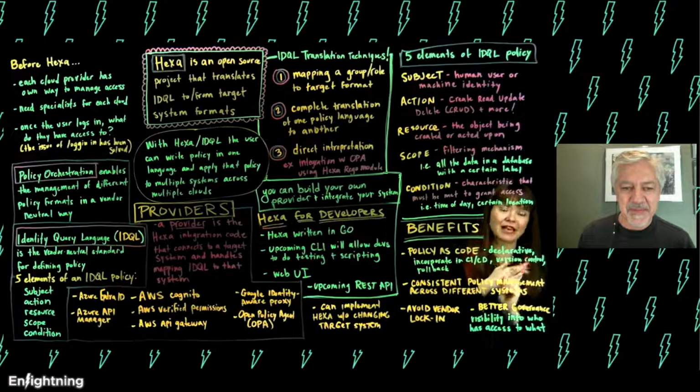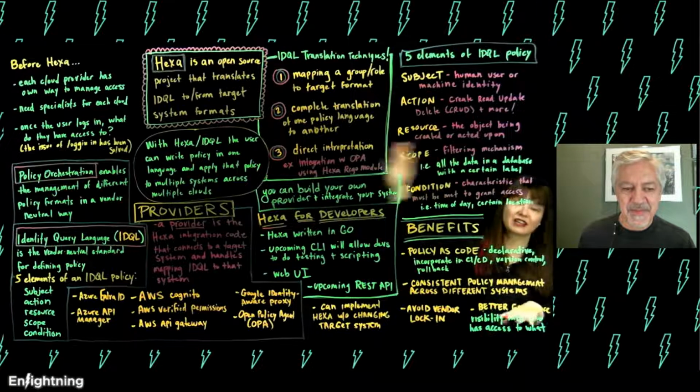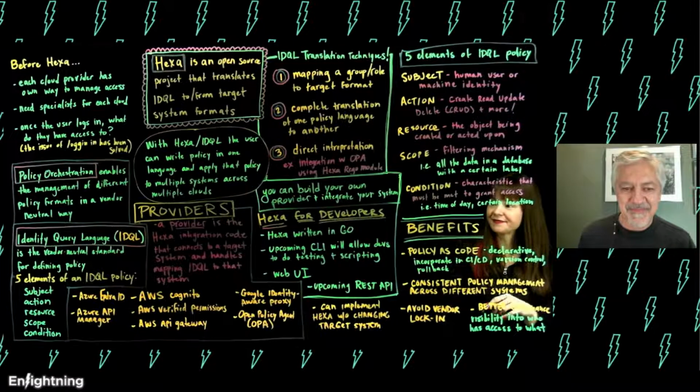You can also manage the policy across the different systems in a consistent way. You can implement Hexa without changing your target system at all. You're just using Hexa as a proxy to translate IDQL to the target system. You can avoid vendor lock-in. And Hexa will give you better governance, with good visibility into who has access to what across your entire estate.